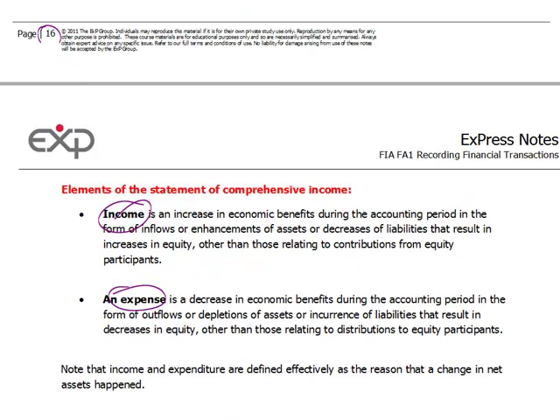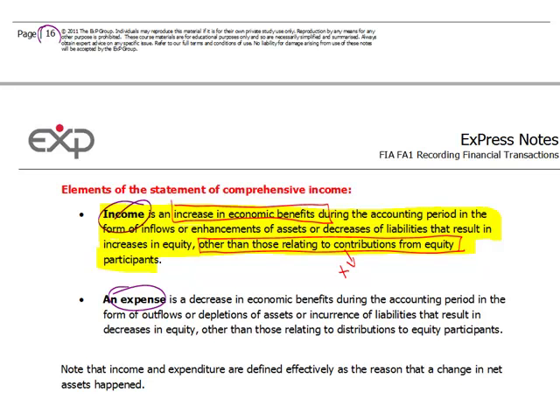In the statement of comprehensive income, we have 2 more definitions. Income, which is every kind of increase in economic benefits in the form of enhancements of assets or decreases of liabilities other than transactions with shareholders.